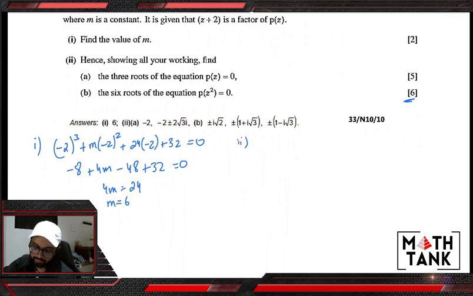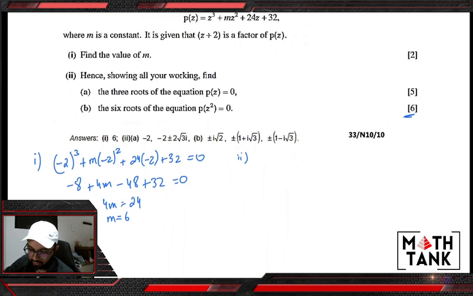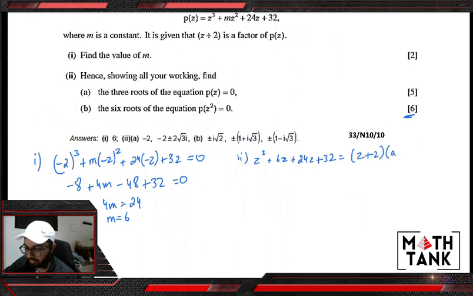Part 2, hence showing all your working, find the three roots of the equation p of z equals 0. So I'm going to just use my ideas from polynomials just like I did in the previous question. This is basically a comparison question. So this becomes z cubed plus 6z squared plus 24z plus 32, and one of the factors is z plus 2, and the other is going to be az squared plus bz plus c.